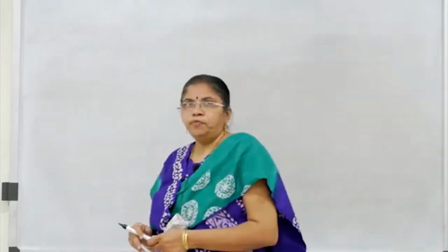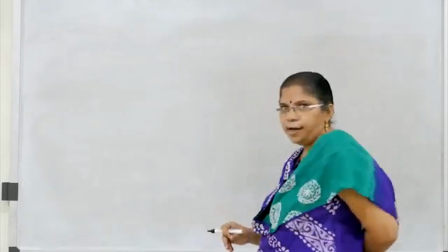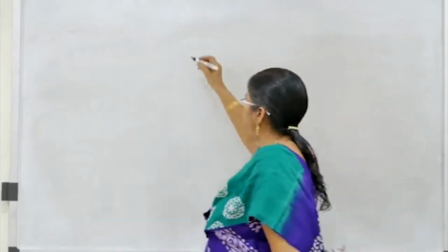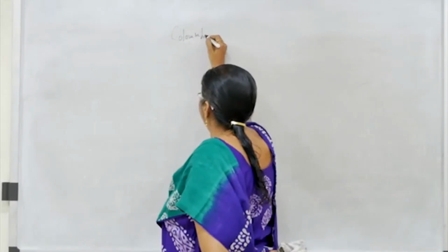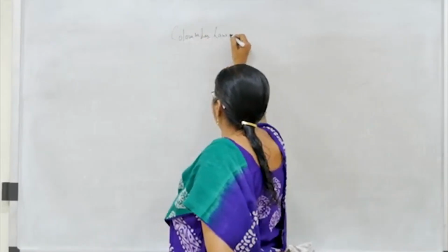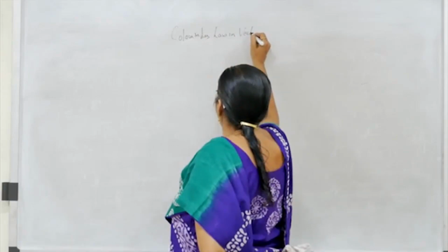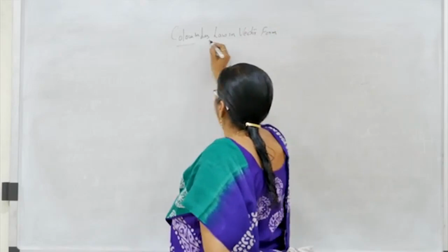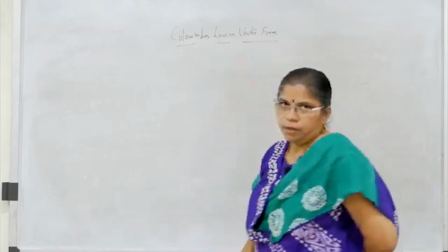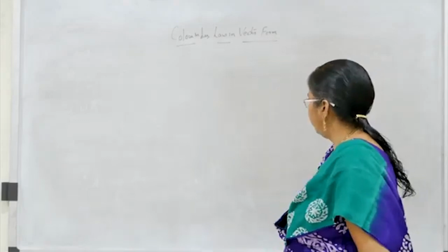I can tell you one thing. Suppose I want this Coulomb's law in vector form. So how do I take this?